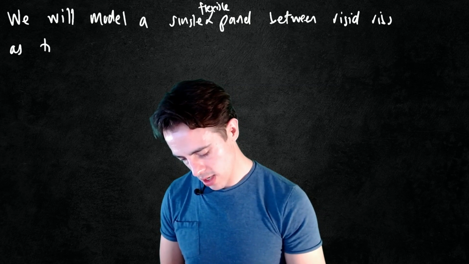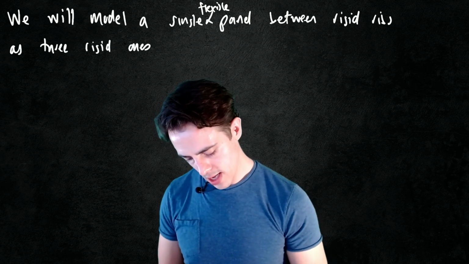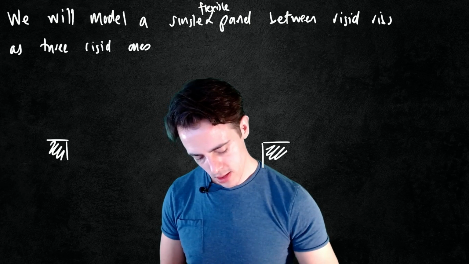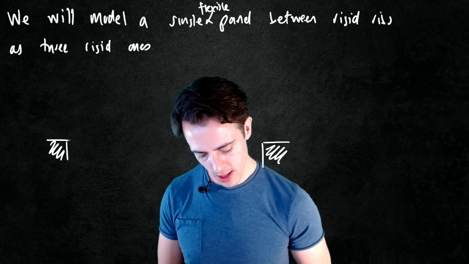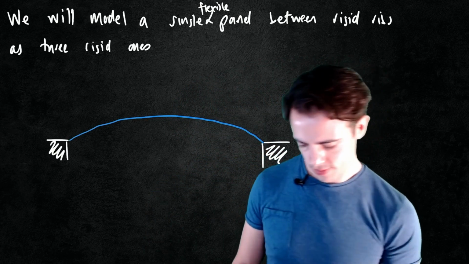as 3 rigid ones. So let's say that I've got 2 ribs here. In real life, my panel is flexing out like that.